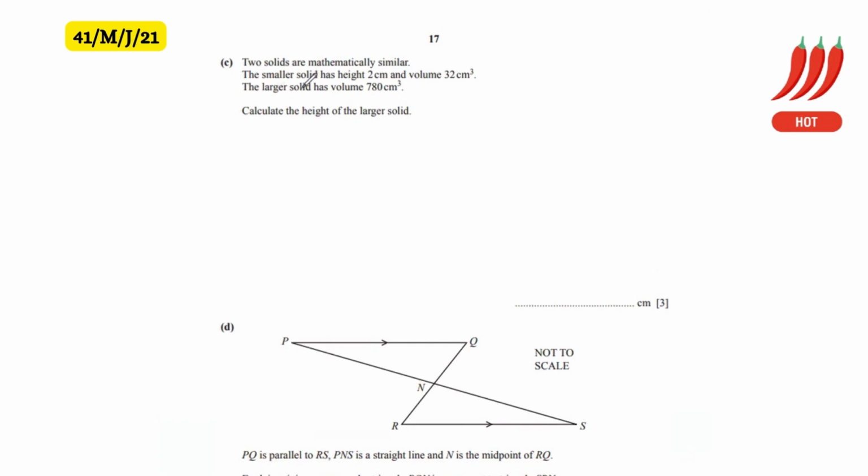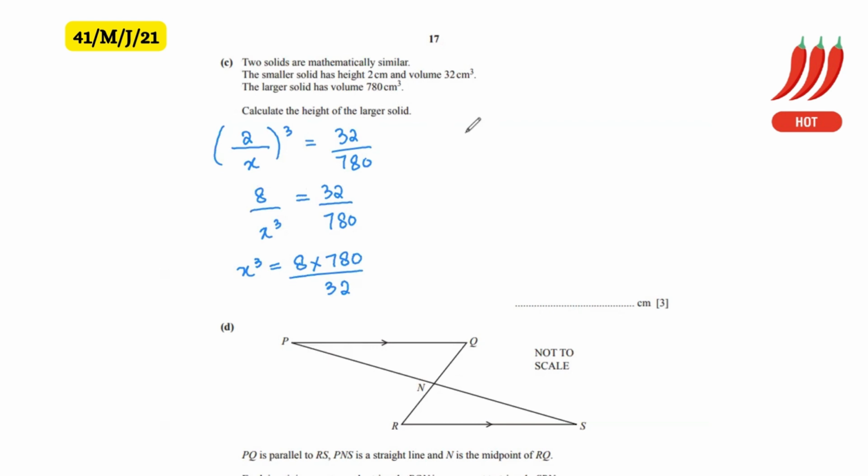So we have the height of the smaller solid. So 2 over x cubed equals to 32 over 780. So that's 8 over x cubed equals to 32 over 780. X cubed is going to equal to 8 times 780 divided by 32.